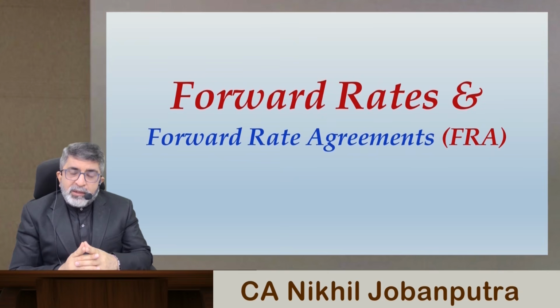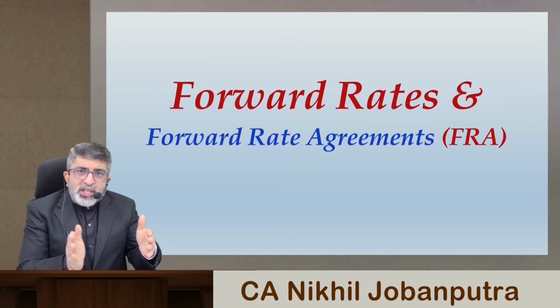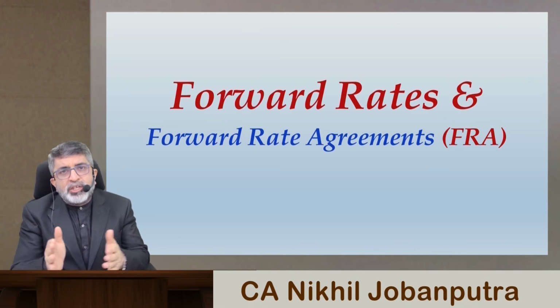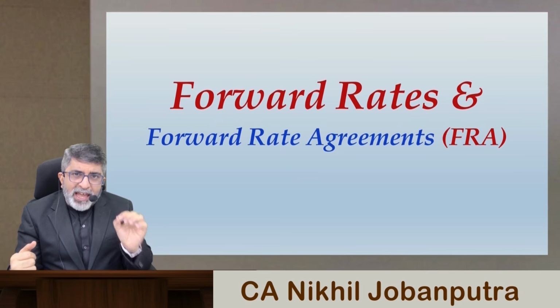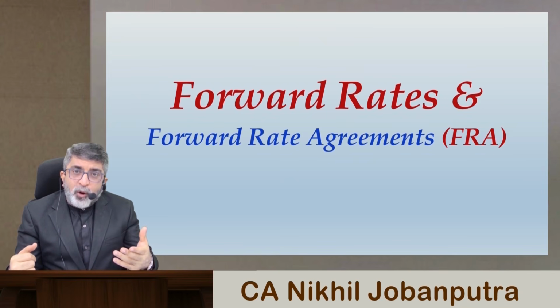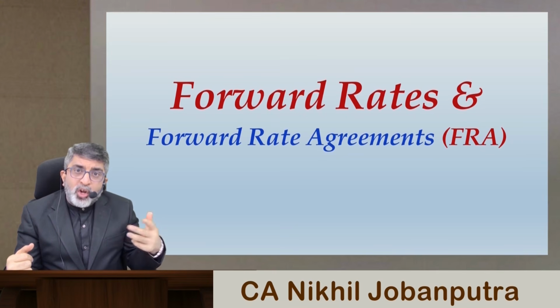Now here we have two major classifications: long term FRA and short term FRA. What is this FRA? First of all, FRA stands for forward rate agreement. So a forward rate is a rate which is agreed today, but it is applicable for borrowing or lending at a later date.